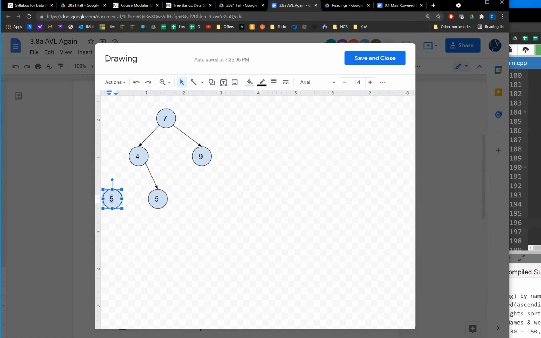All right, so if we come in at 2, lower than 7, lower than 4, it ends up in the left subtree. But now, if we look, 7's left subtree has 2 levels in it. 7's right subtree has 1 level in it.